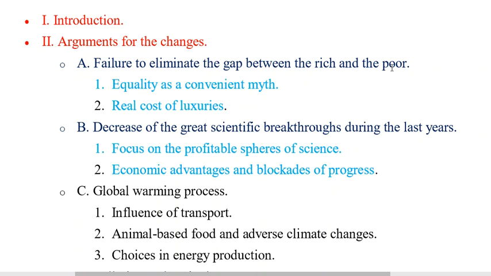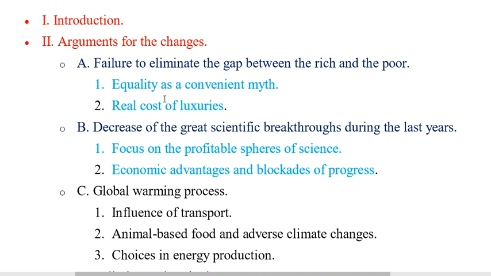And now see that this main heading A is divided into subheadings: 1, equality as convenient myth, 2, real cost of luxuries. Got that? They are the subsections of the A.